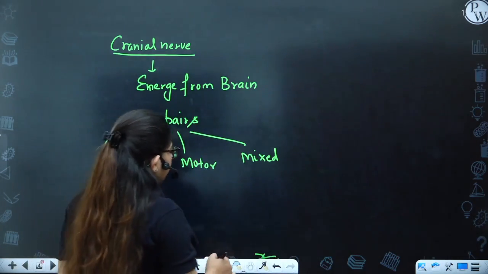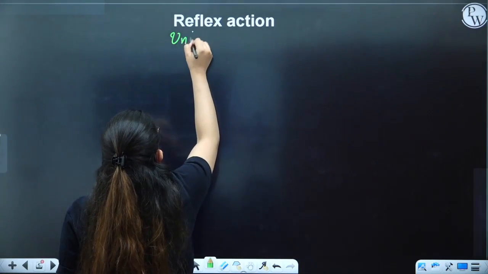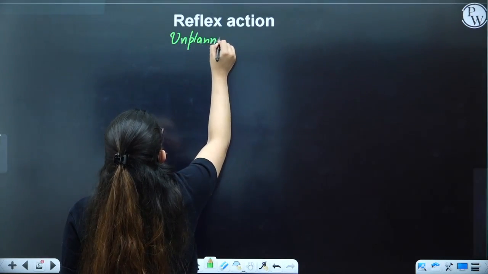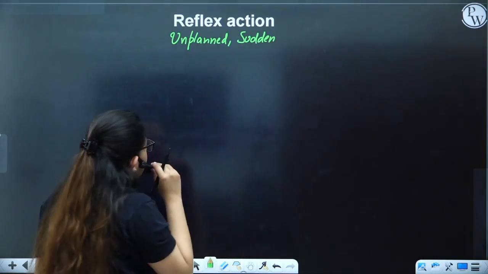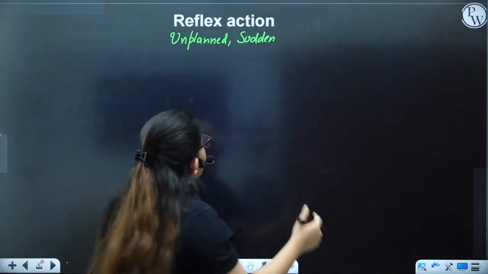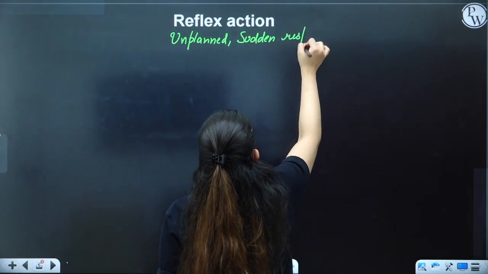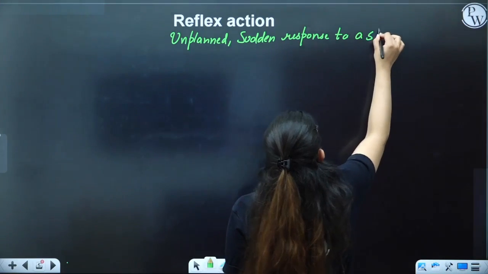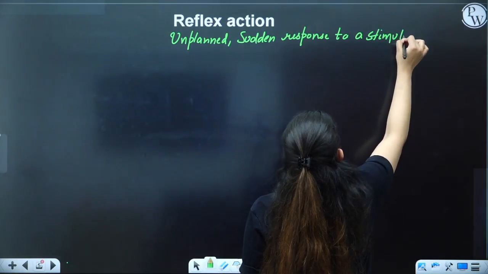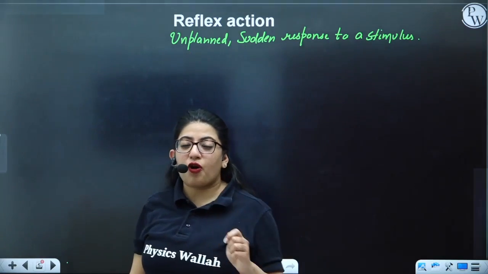So technically, reflex action is your unplanned, sudden, spontaneous response to a stimulus.